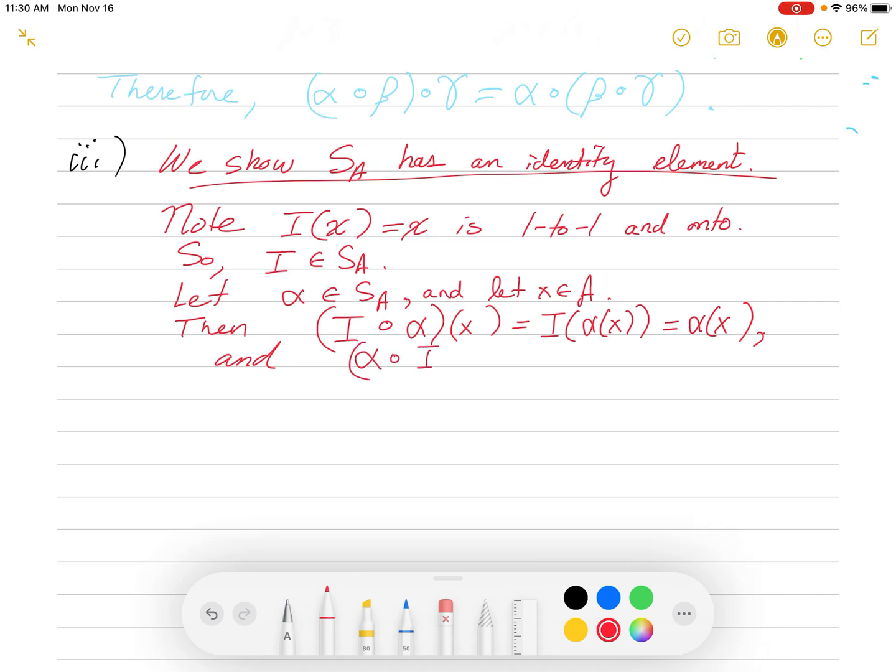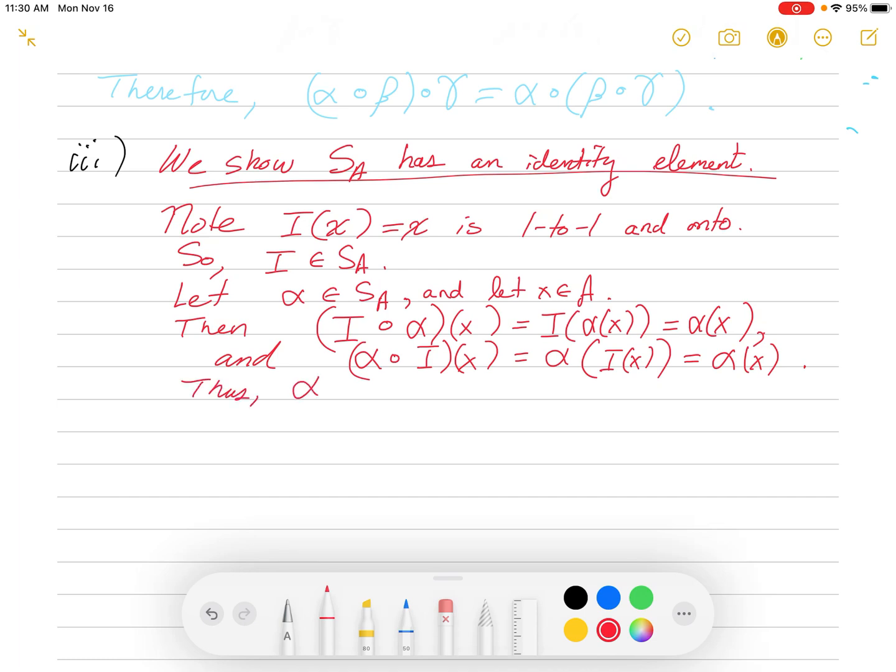And also, if I take alpha composed with the identity evaluated at x, that's going to be alpha of the identity of x. Now, what's another name for the identity of x inside there? It's going to be x. So notice we have I composed with alpha is alpha, and alpha composed with I is alpha.